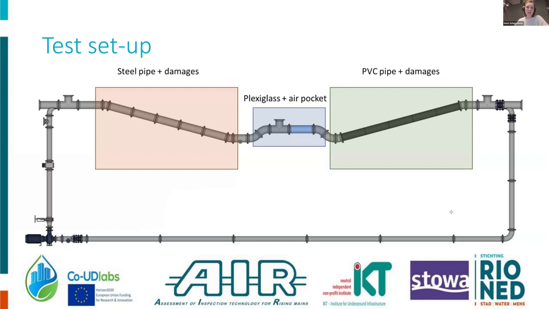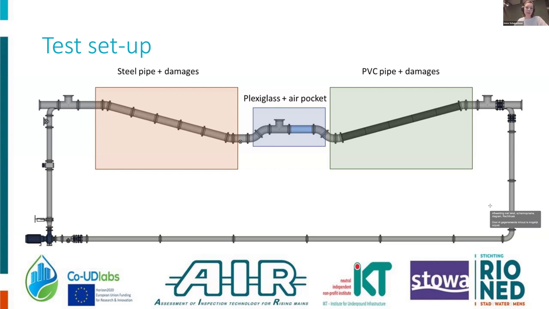In the middle, a slightly upward placed part where we had an air pocket installed. And then afterwards, an upward slope of 5 PVC pipe segments, with damages more logically present in PVC pipes. And at the right-hand side, the tools could be extracted from the test loop again.